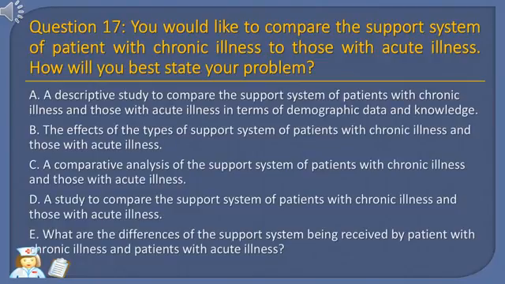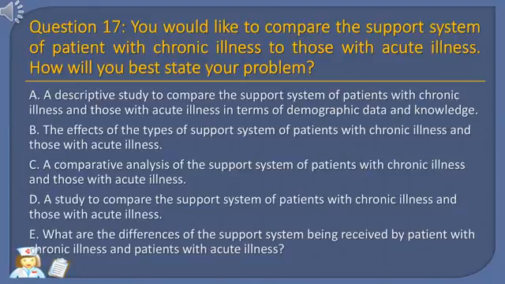Question 17. You would like to compare the support system of patients with chronic illness to those with acute illness. How will you best state your problem? A. A descriptive study to compare the support system of patients with chronic illness and those with acute illness in terms of demographic data and knowledge. B. The effects of the types of support system of patients with chronic illness and those with acute illness.